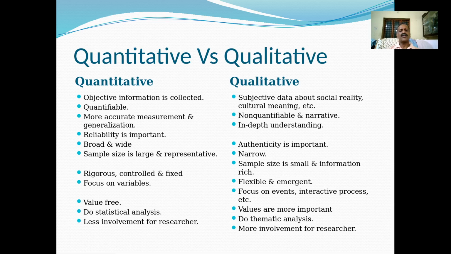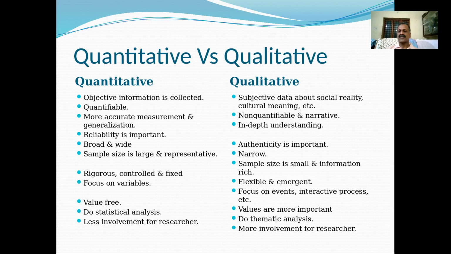Now, in quantitative studies, reliability is more important, as to whether we can depend on this information. Even with repeated measurement, if variability is there, that's not dependable data. So reliability is very important in quantitative studies, whereas authenticity is an important aspect in qualitative studies, whether this information is authentic.